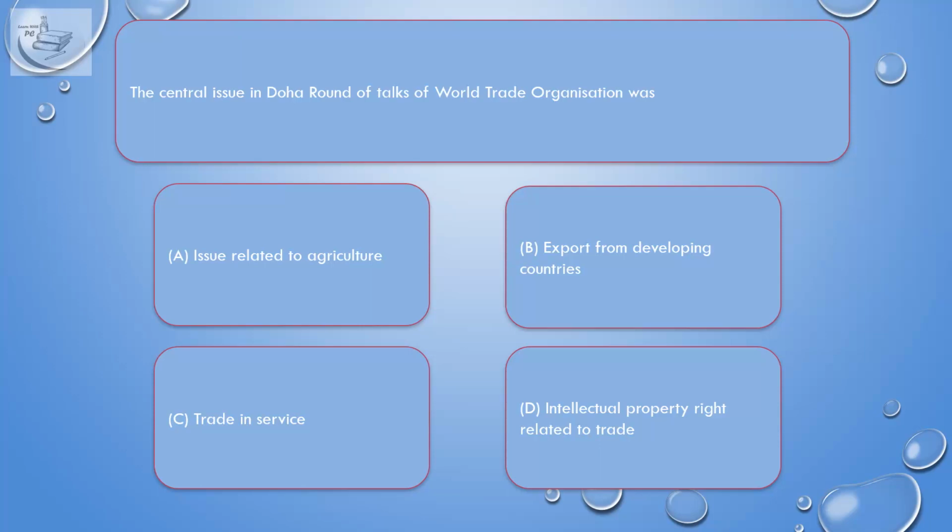Question: the central issue in Doha round of talks of World Trade Organization was A. Issue related to agriculture, B. Export from developing countries, C. Trade in service, D. Intellectual property right related to trade. Correct answer is B. Export from developing countries.